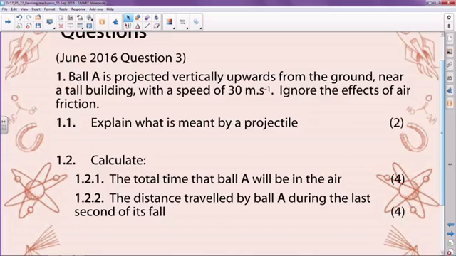Now, the very first question here I want to do with you, I'm not going to give you time for the first one, but the first one says, what is meant by a projectile? Now, this is quite important because a projectile and an object in free fall are actually very similar.